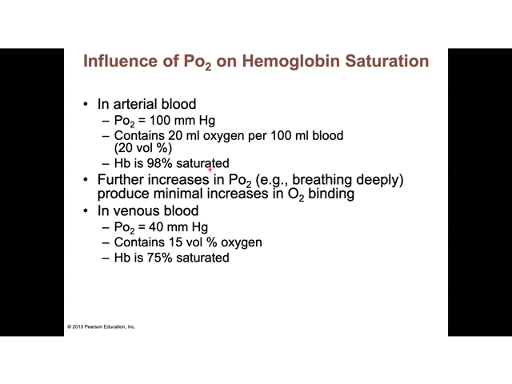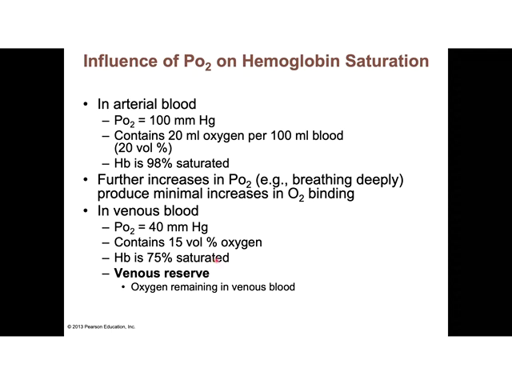When oxygen levels in arterial blood are at about 100 millimeters of mercury, this has about 20 mils of oxygen per 100 mil of blood, so it's 98% saturated. Further increases in oxygen don't generate much increase in oxygen binding. We're pretty much maxed out. But in venous blood, the oxygen's about 40 millimeters of mercury, has 15% volume saturation of oxygen, but the hemoglobin is 75% saturated.